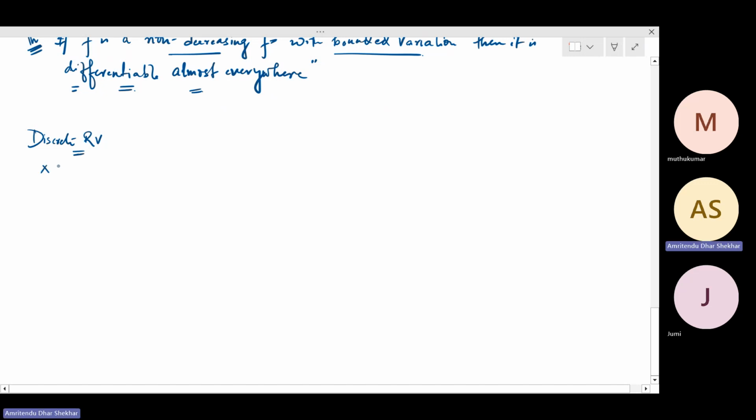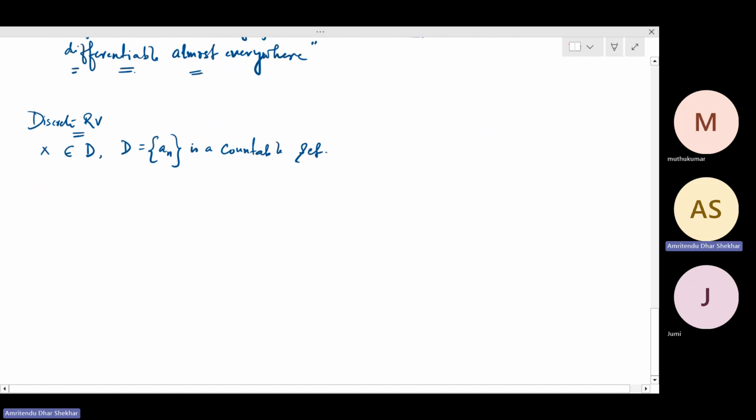So the range of X is some discrete set D. If we have a discrete set like that, what does the derivative look like?